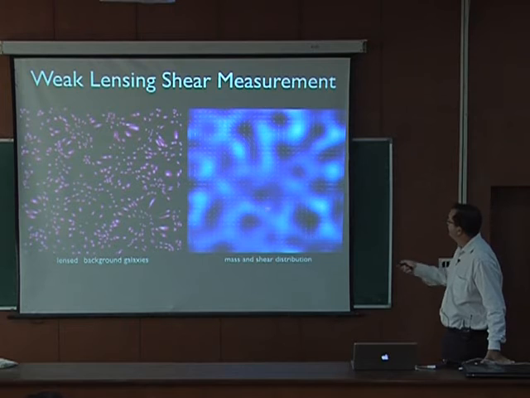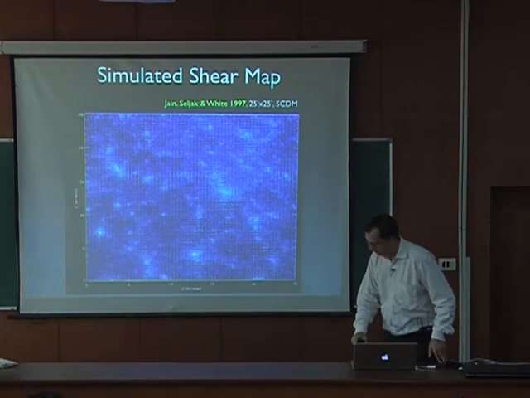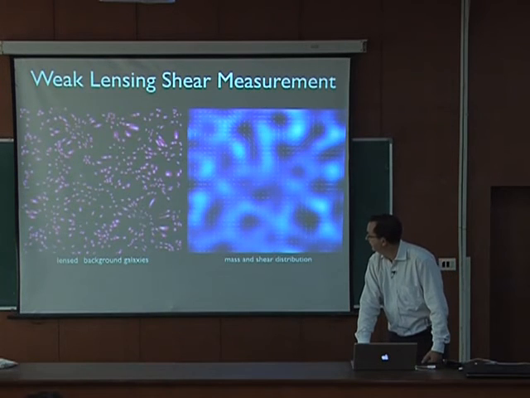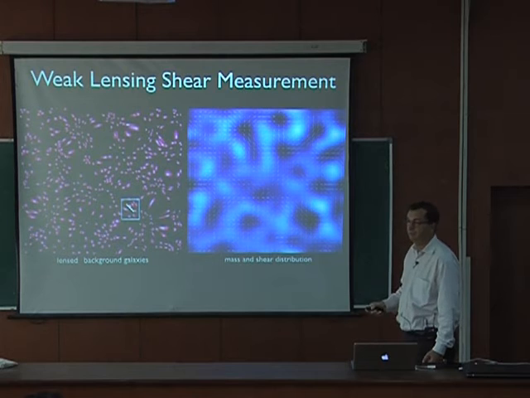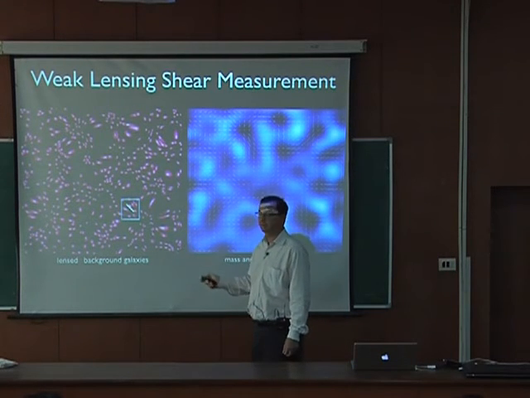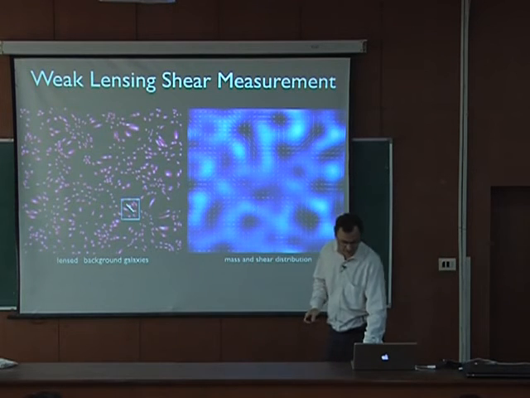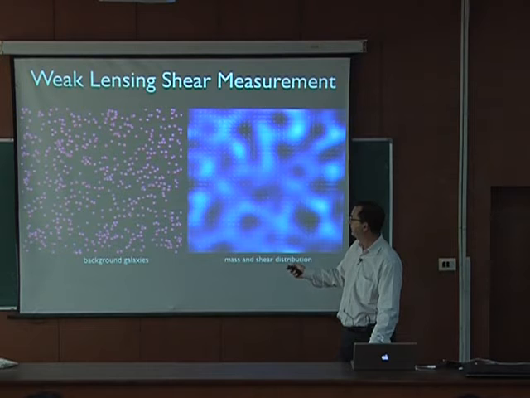And so you map it like this, and then the idea is to look at a small region of the image and look at the average shape of these galaxies. In the absence of lensing, in this very simple case, they would all be circular, so the average ellipticity of the galaxies would be 0.